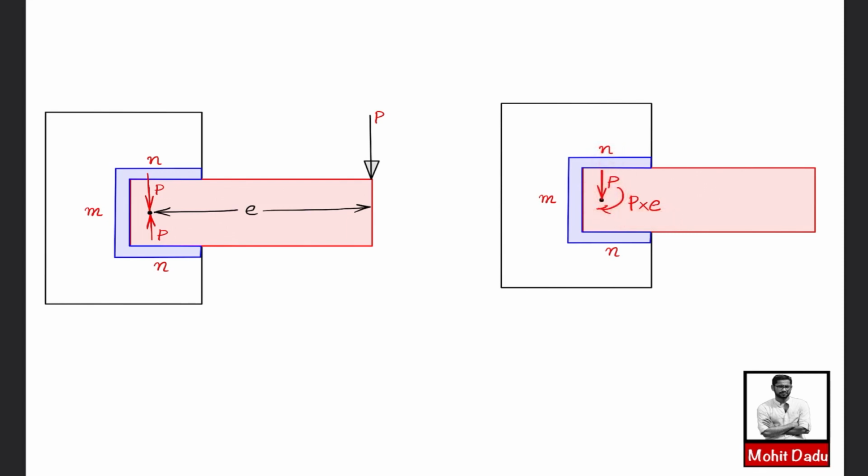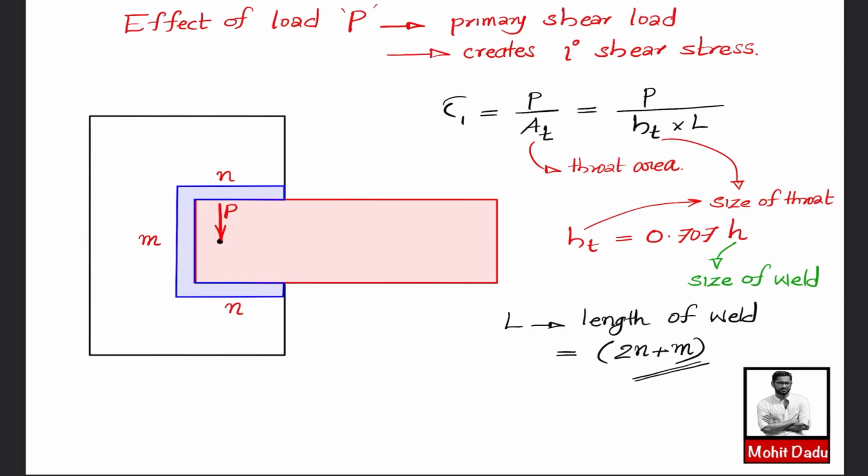So the effect of both this load as well as the couple we have to take, and these effects will be used for finally finding the size of the weld. Here we'll first consider the effect of the load. If you are seeing, this is the weld section that is lying in the plane, and this load P is acting in a direction parallel to the plane or tangential to the plane.